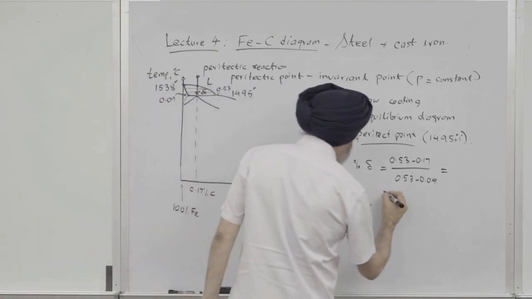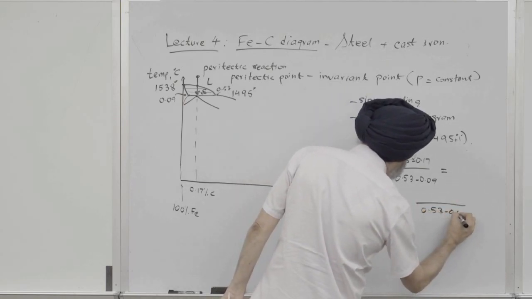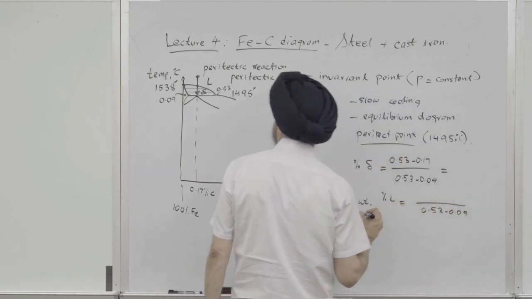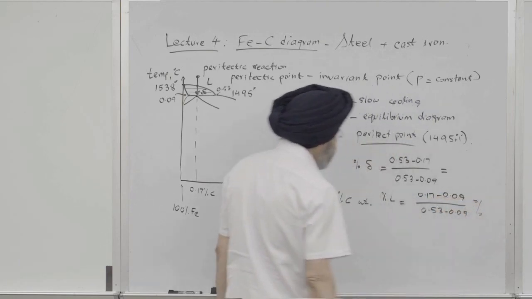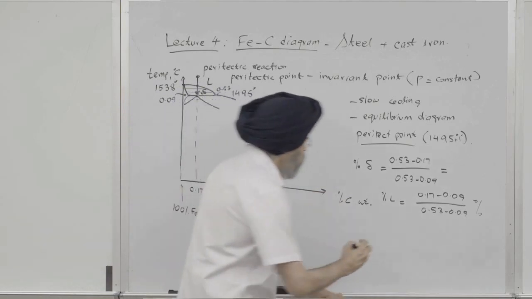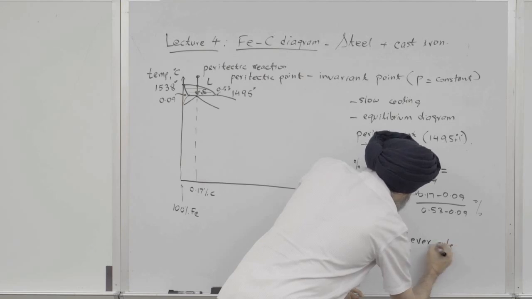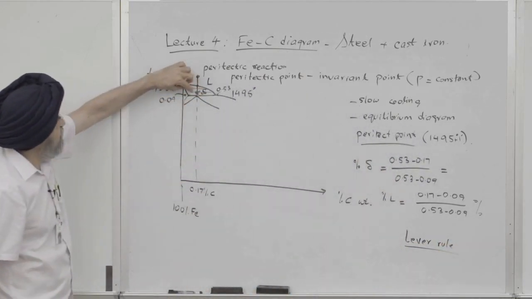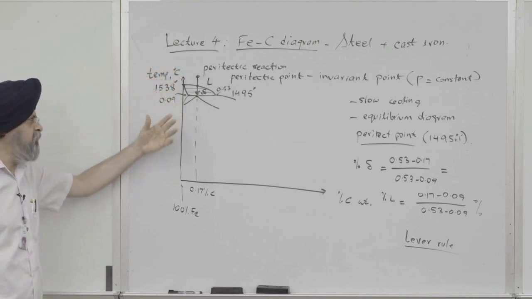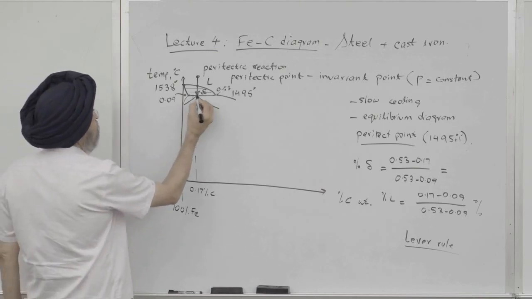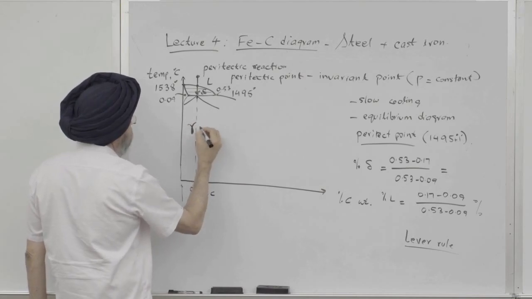And the percent of liquid will be the same denominator, and the numerator is 0.17 minus 0.09. So this is what we call the phase rule. No, this is called the lever rule. With this rule, at any point of the phase diagram, you can calculate the amount of the two phases.